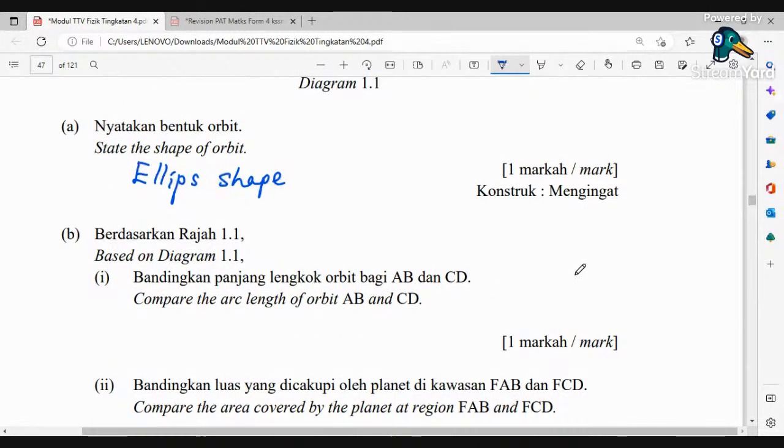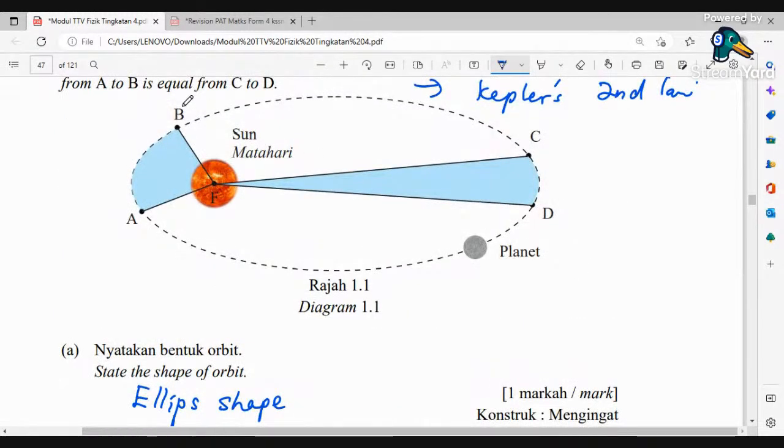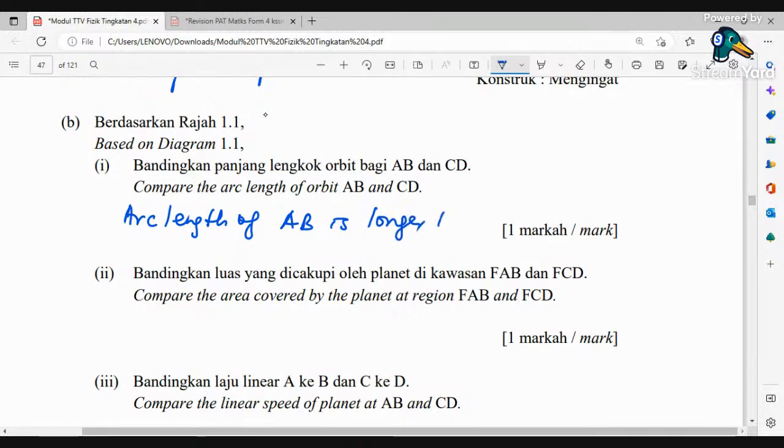Okay, bahagian B, compare arc length of AB and CD. Okay, you can see arc length of AB is longer than CD. Okay. Compare area covered by planet region FAB and FCD.